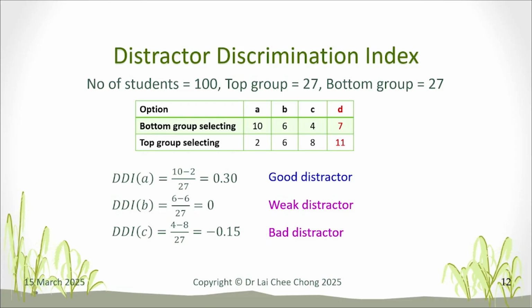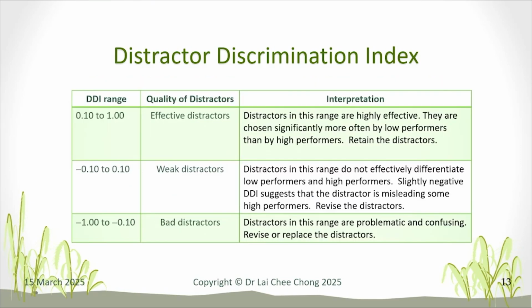I can keep this one, yes, but I have to do something about this too to make it more effective. It's a very straightforward calculation here. But of course, here my size is 100 students, by the way. This is my sample size. Now, so basically you have these 3 groups here.